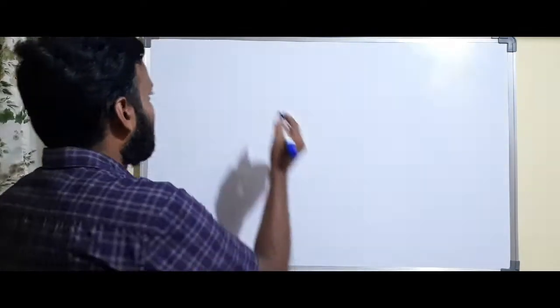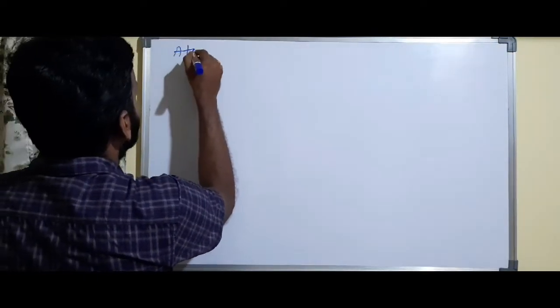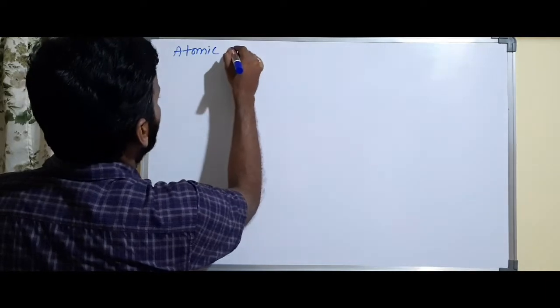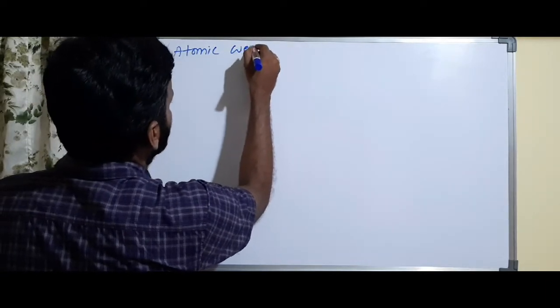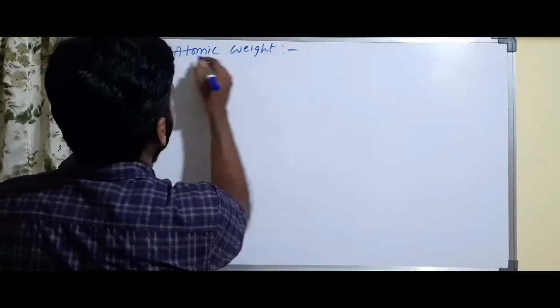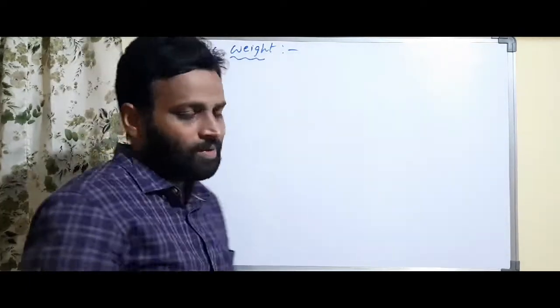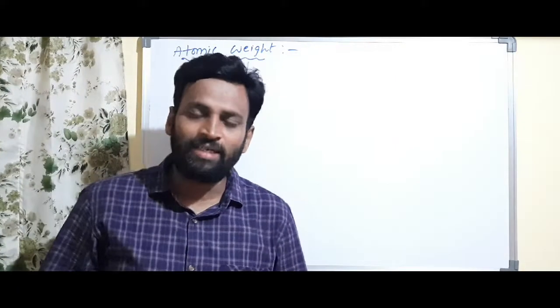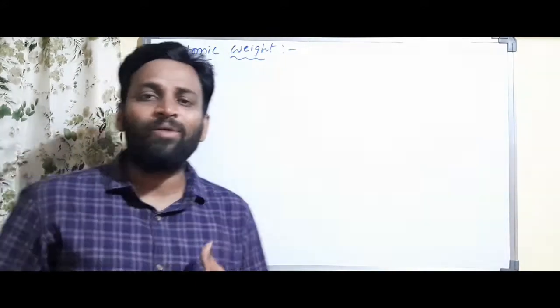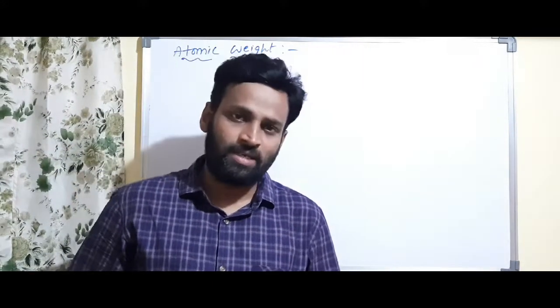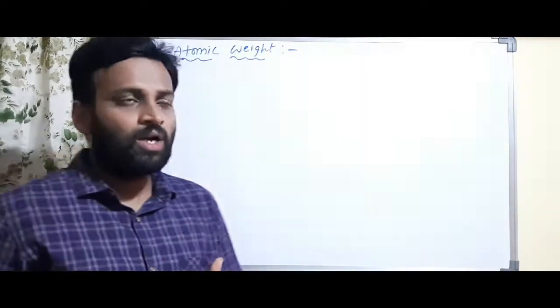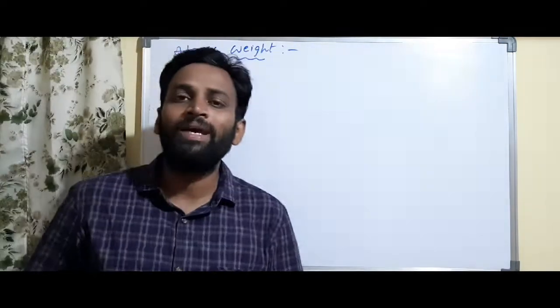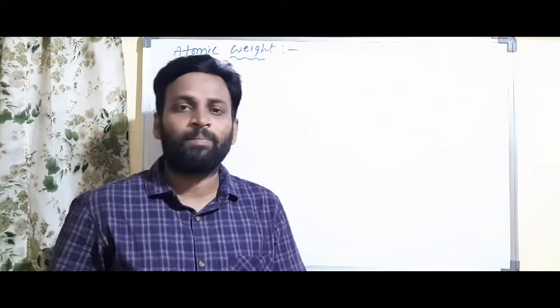So let's start with atomic weight or atomic mass. Atomic mass or weight, both are the same. Atomic weight is calculated from the average isotopic mass. How do we get the average isotopic mass? You have to know how many isotopes exist for a particular atom.